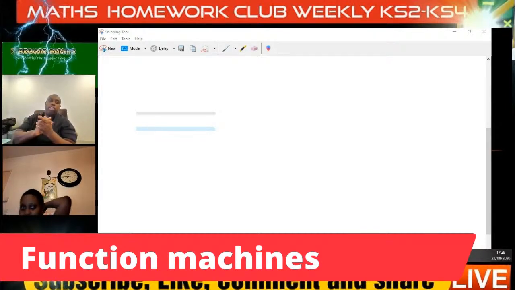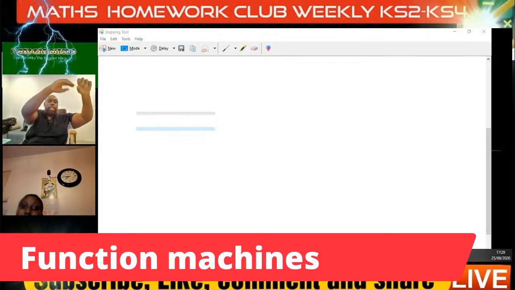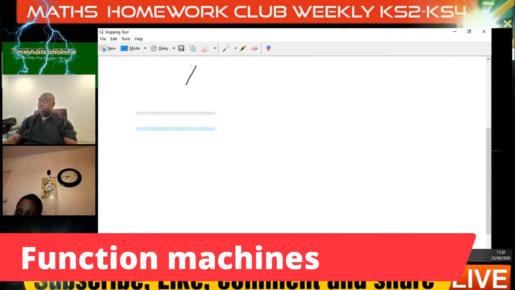A function is a machine: you put something in, it operates on it, and you get an output. Some keywords we're going to talk about here. The function I'm going to focus on with you is times. Write this down, please.